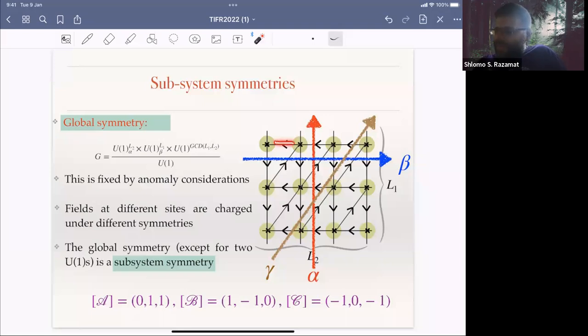You can say that fields that lie on certain directions or sub-loci of this lattice are charged under some of these symmetries. And then there are operators which are charged under these subsystem symmetries, and these correspond not to baryonic operators, which you use to perform the deconstructions, but to operators winding this quiver.